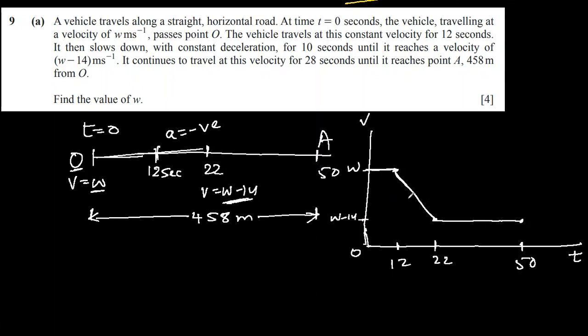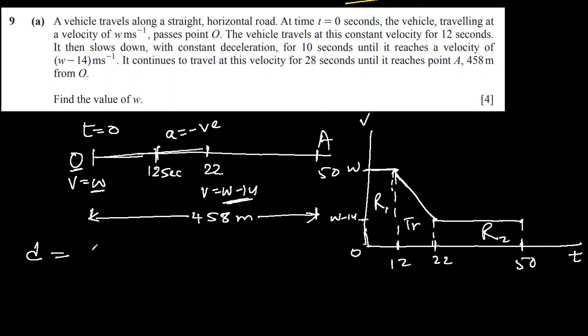Let's divide this into different parts. Let me draw a vertical line, so this becomes a rectangle. Another vertical line will make this a trapezium, and this will be a rectangle again. Let's call them rectangle 1, trapezium, rectangle 2.